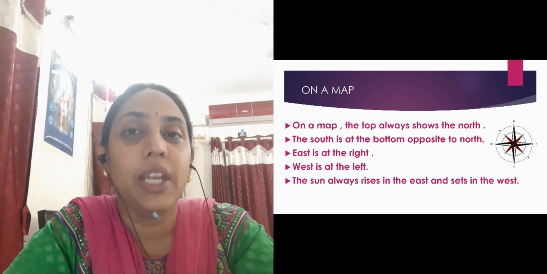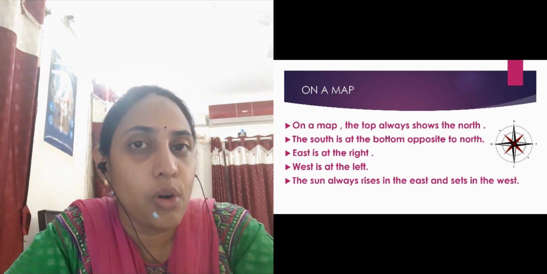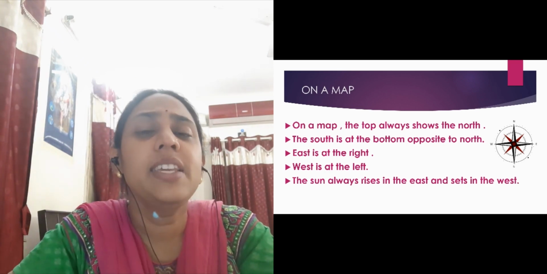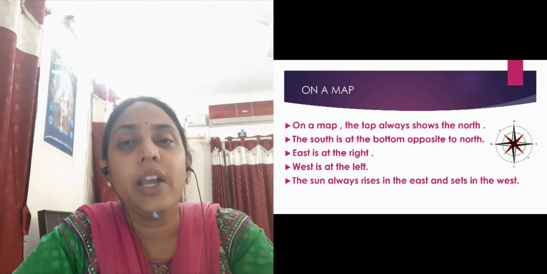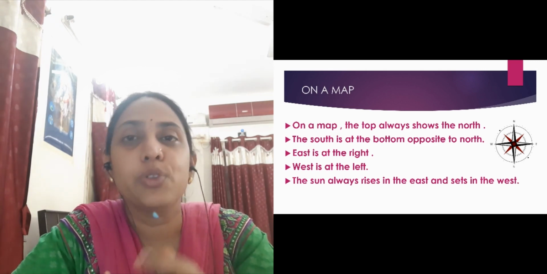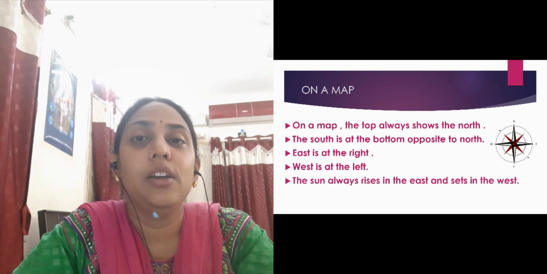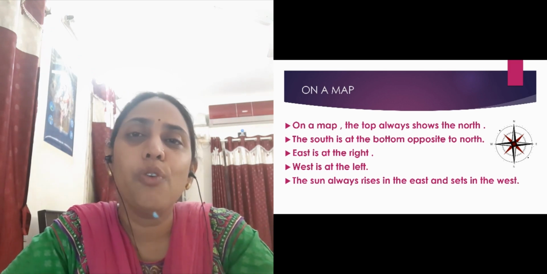Like I told you, there are many ways. We can use the compass, which always shows the north-south direction, or we can see the rising of the sun. Suppose you want to know the direction in the evening and you failed to watch the sunrise, then you can use the sunset.